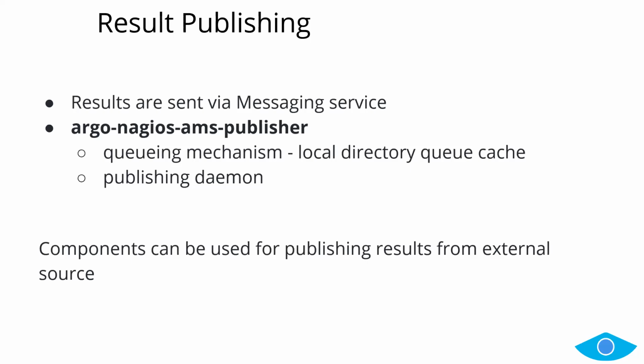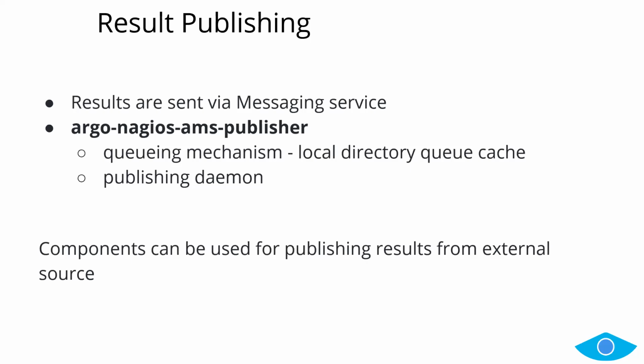So the messaging service is like a message bus, which is used for passing the results from Nagios boxes to the central computing engine. Now here there's this component with a long name. We just call it an AMS publisher. And this component isn't really Nagios specific, so you can pretty much use it for whatever.